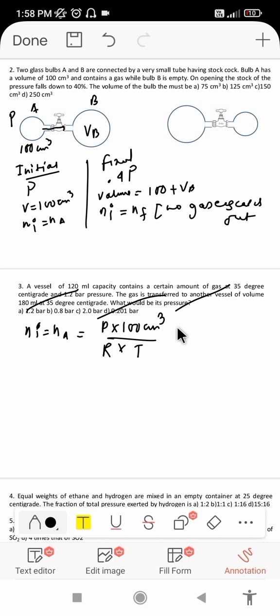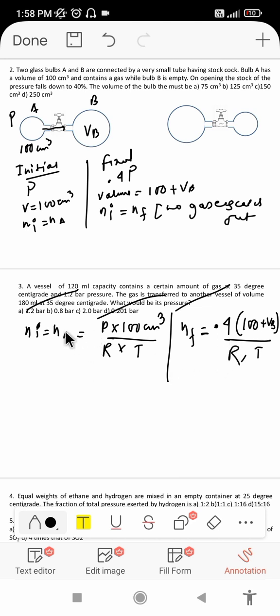In the second case, the final P was 0.4 P, but the volume has increased, that is 100 plus VB, and R, and the temperature remains the same.